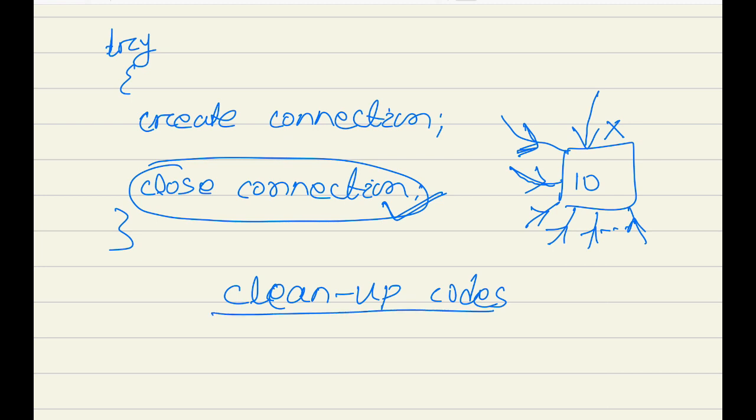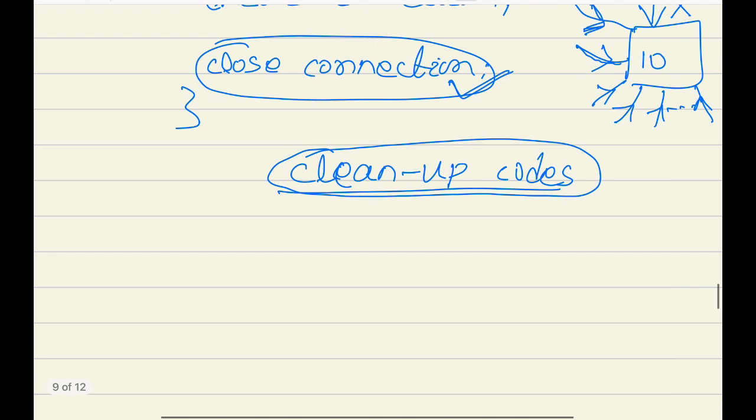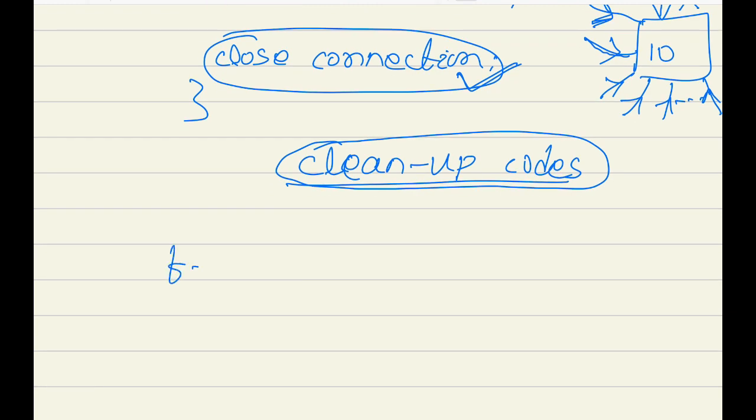So how to write this cleanup code that is going to execute always, whether the exception is thrown, whether the exception is not thrown, whether the exception is handled, whether the exception is not handled? The cleanup code should execute always. So for that we can use the finally block.